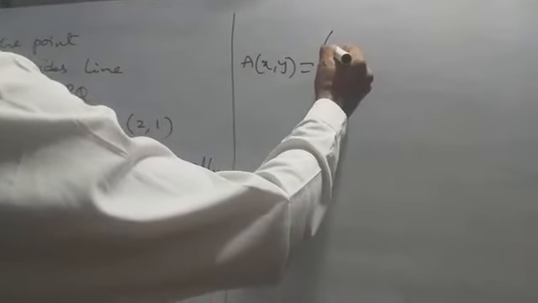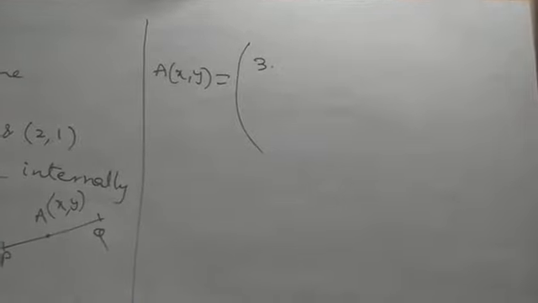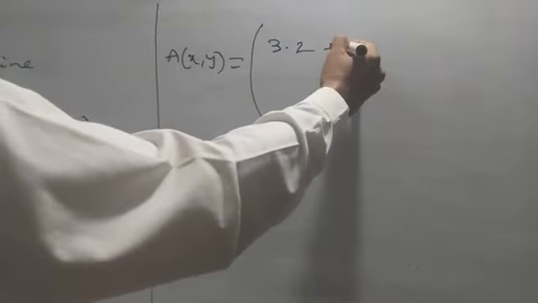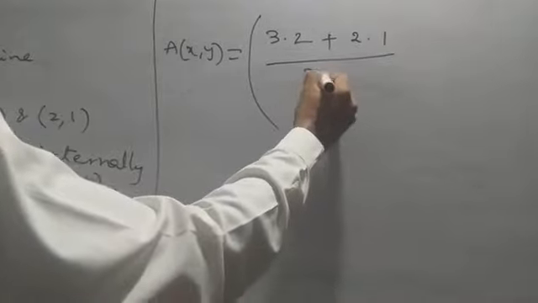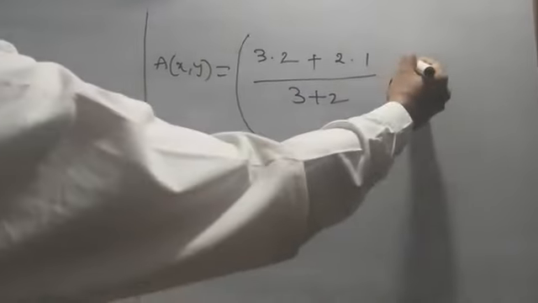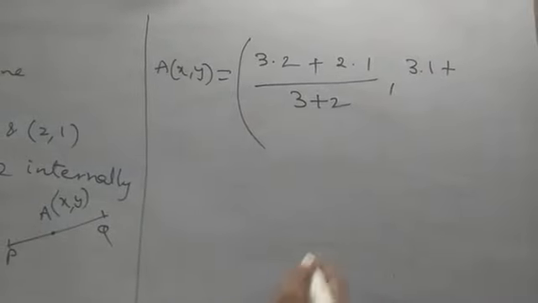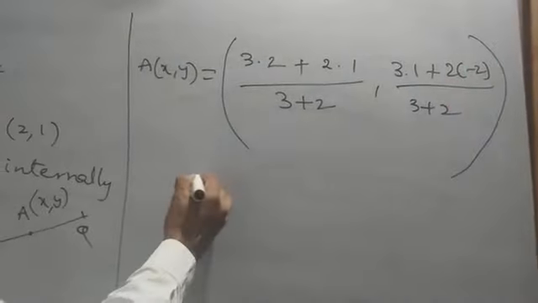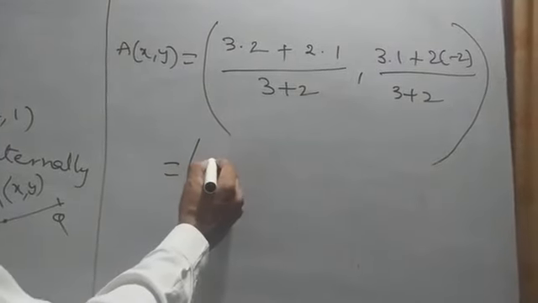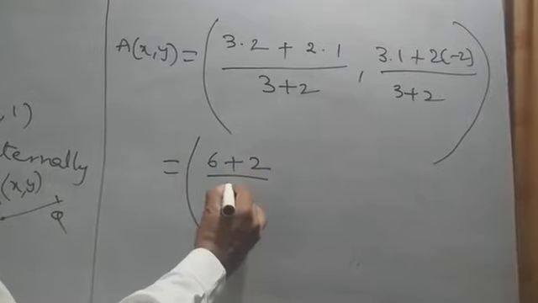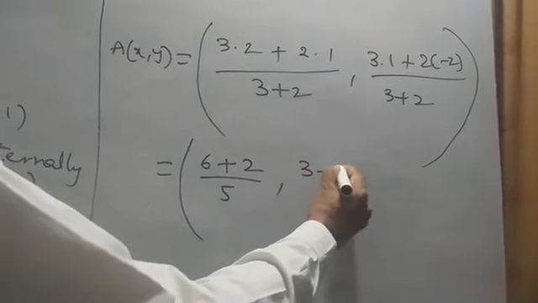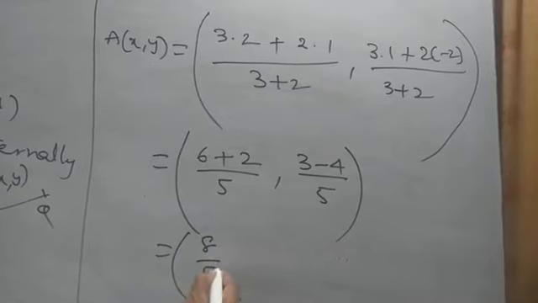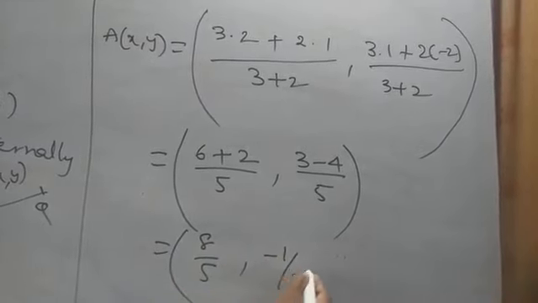So m x2, that means 3 into 2, plus 2 into 1, whole by 3 plus 2, comma, 3 into 1 plus 2 into minus 2, by 3 plus 2, that equals (6 plus 2) by 5, comma, (3 minus 4) by 5, that equals 8 by 5, comma, minus 1 by 5.